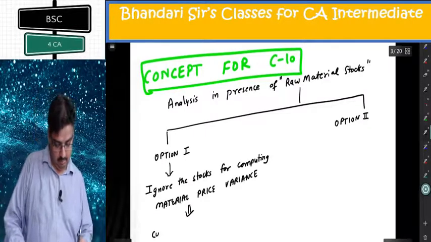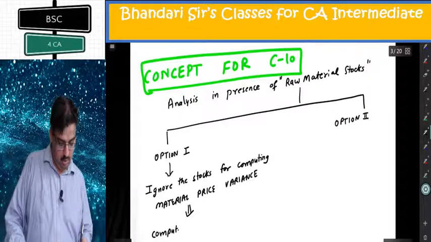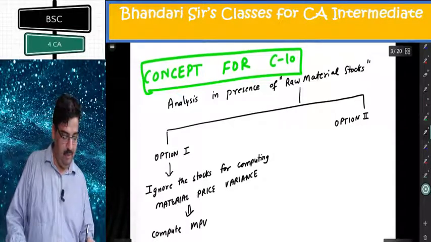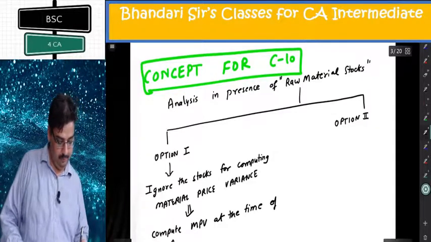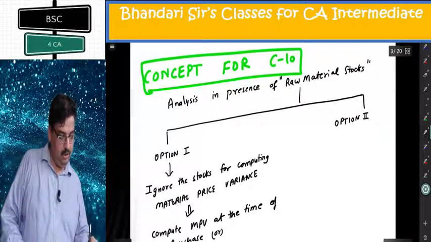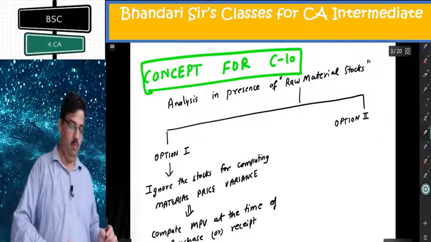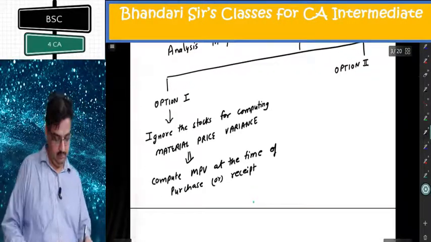This implies computing MPV at the time of purchase or receipt. What do we need to do for this?